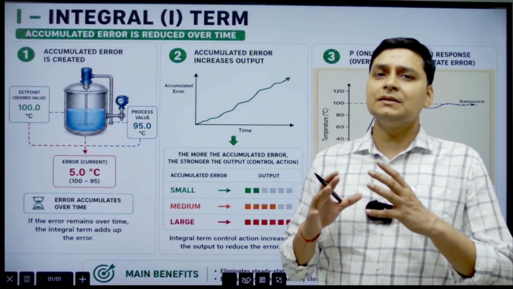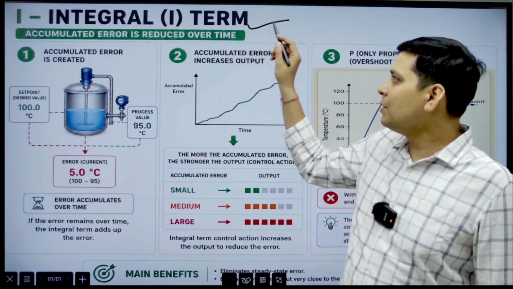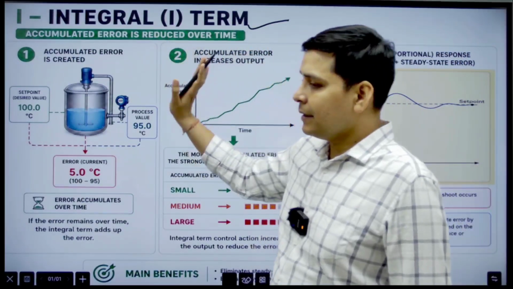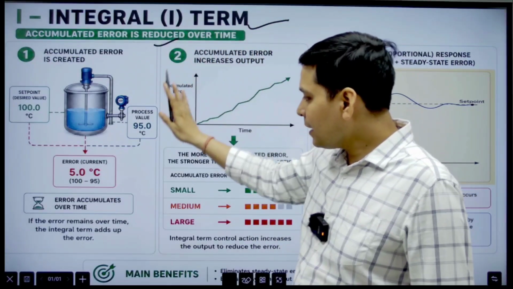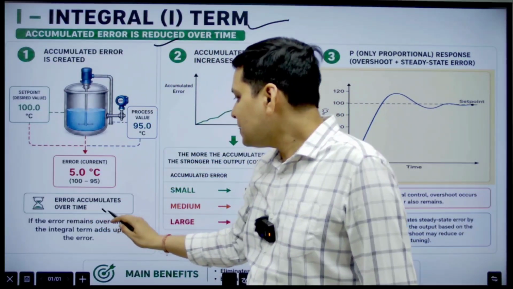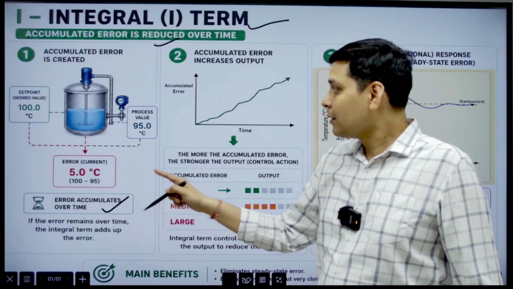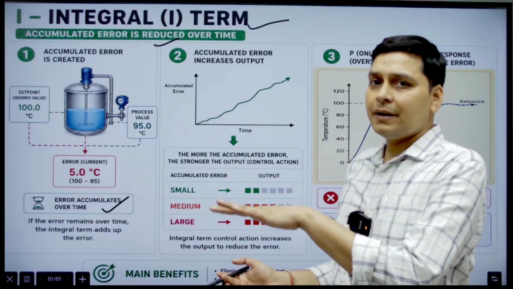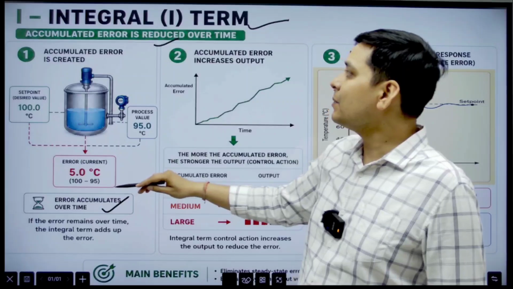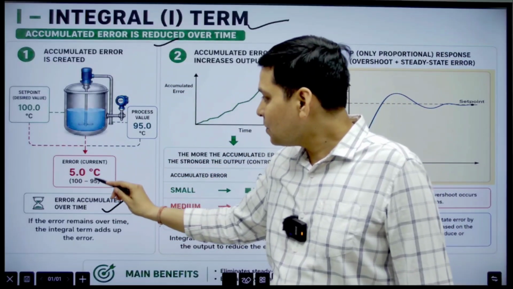Now we will discuss the second term, that is the integral term, known as the I term. In the integral term, accumulated error is reduced over time. Here the error accumulates over time. Okay. The P term sees only the current error, but in the integral term, the error accumulates over time.